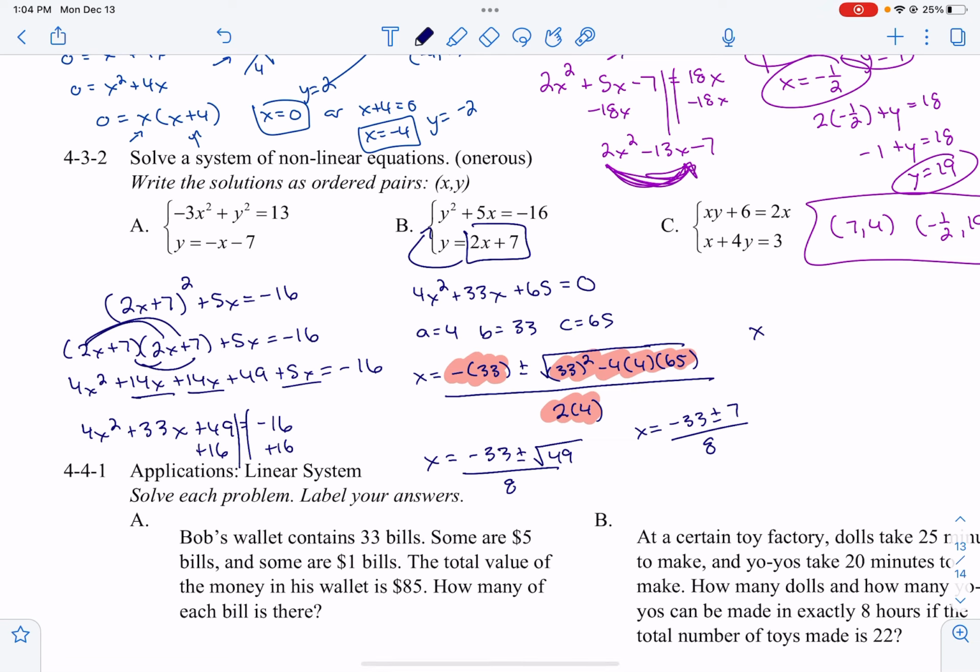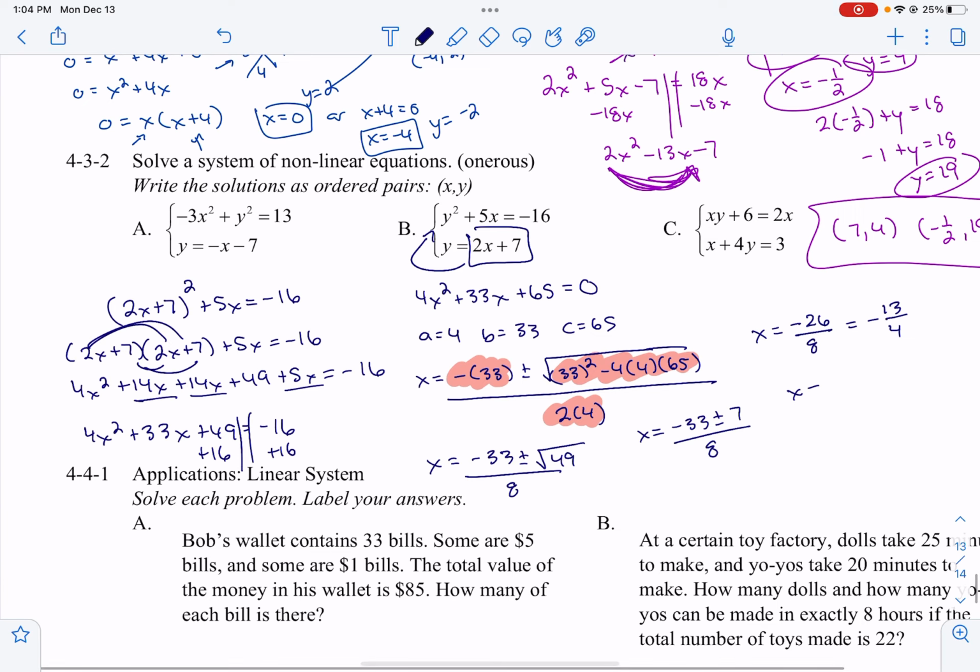So I get x equals negative 26 divided by 8, which is not going to be a very nice number. What goes into both of those? 2 goes into both of those, so negative 13 fourths. All right. Now do negative 33 minus 7. That's negative 40 divided by 8, and that just gives me negative 5.